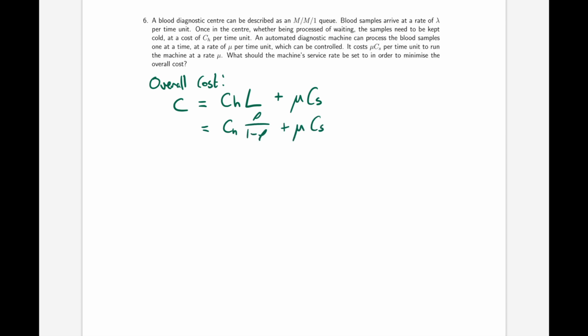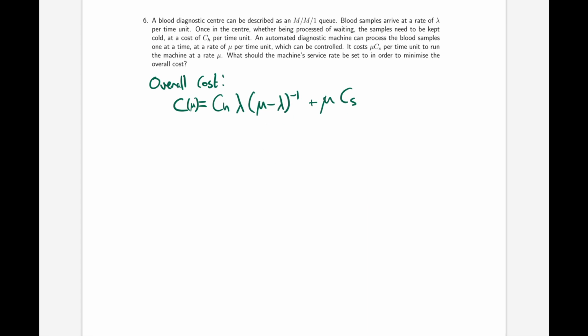We can now see that C is a function of mu, and rho itself is a function of mu. So if we substitute in rho equals lambda over mu, we would get, and we can simplify this to get, and this is now a function of mu.